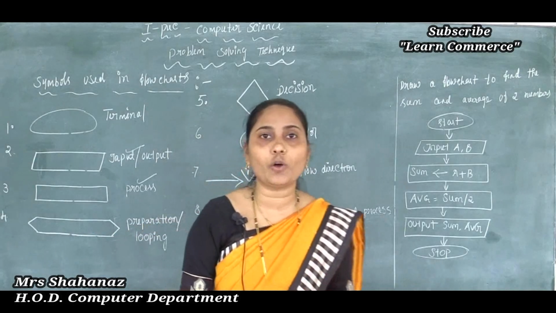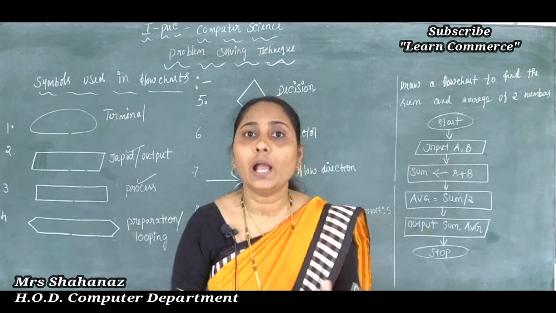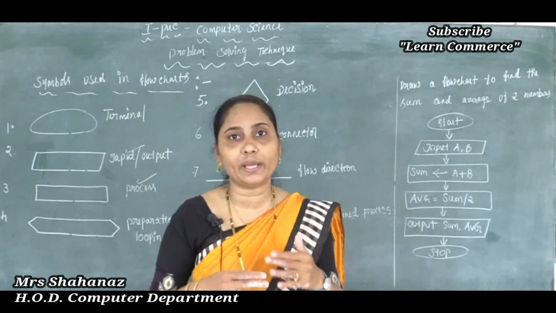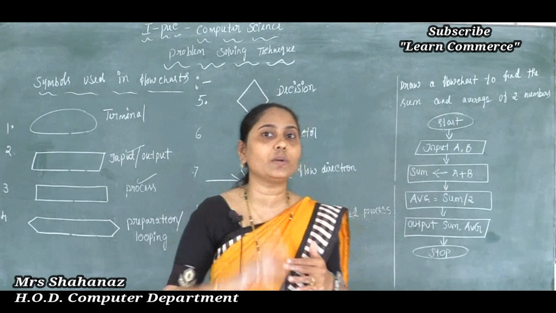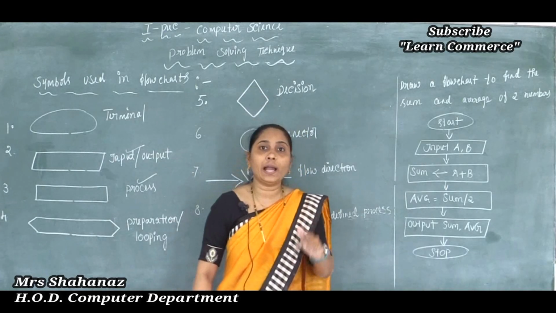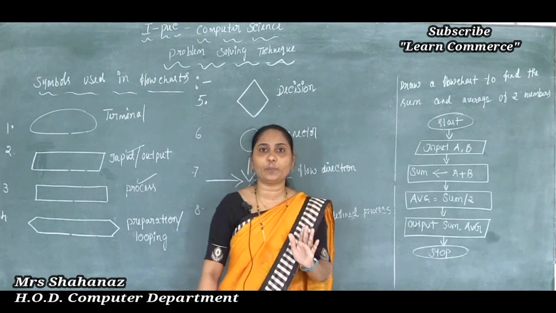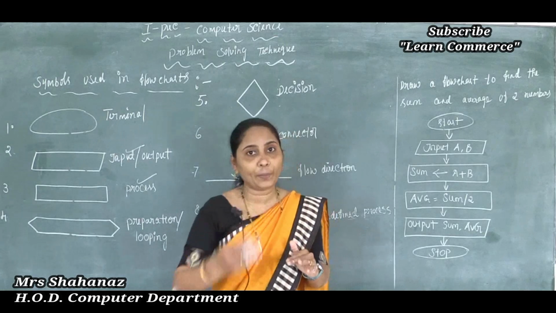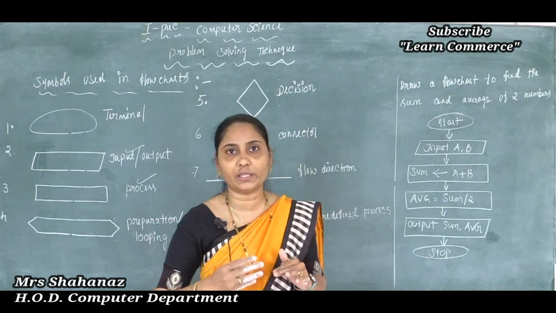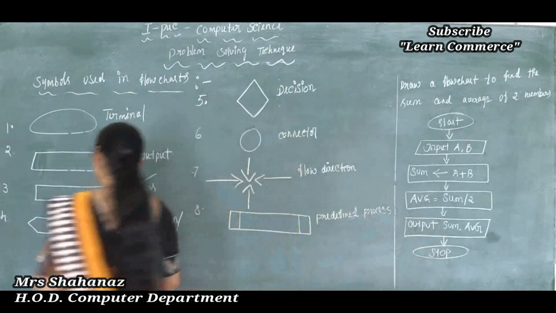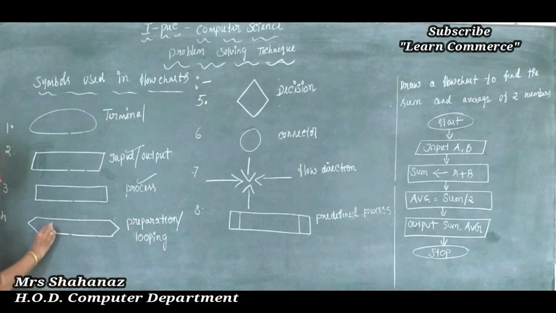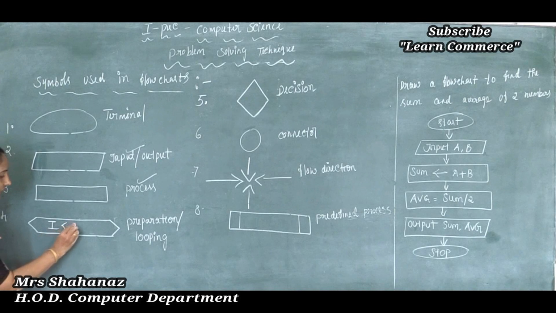Looping means every time the value is incremented. It is the ability of the programming language to repeat statements one after another till the condition becomes satisfied. For example, I am using the condition I value less than or equal to n.